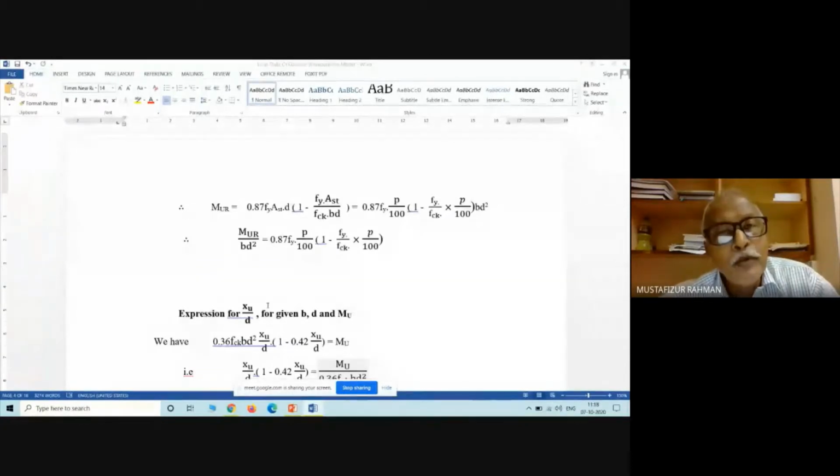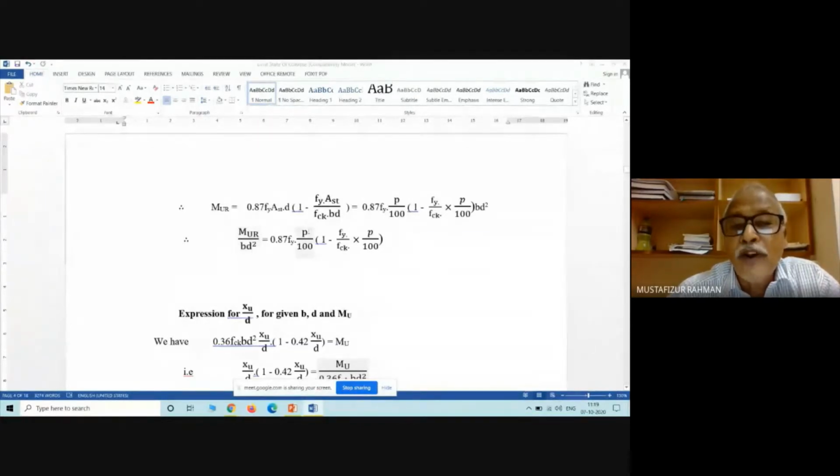For equilibrium, the moment of resistance is internal, the bending moment is external. For equilibrium, the external bending moment must be equal to the internal moment of resistance. Since we are going for the amount of steel or cross section, in this expression MUR, b and d are known to us, so we will be able to find out P, percentage of steel.